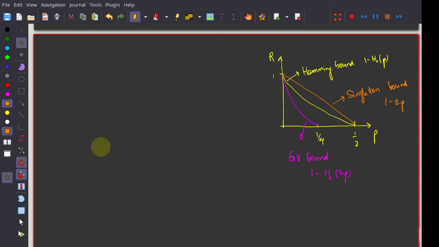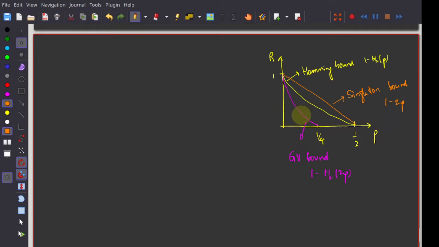So we saw that for asymptotically large n, we've seen three upper and lower bounds. Two upper bounds were the Singleton bound and the Hamming bound. The Singleton bound basically gave us this straight line joining 1 and a half, so it is 1 minus 2p. The asymptotic Hamming bound is basically 1 minus h of p, and we got it by this sphere packing kind of argument.